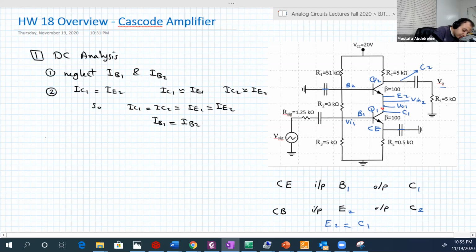If you neglect I base 1 and I base 2, you can consider R1, R2, and R3 just in series.